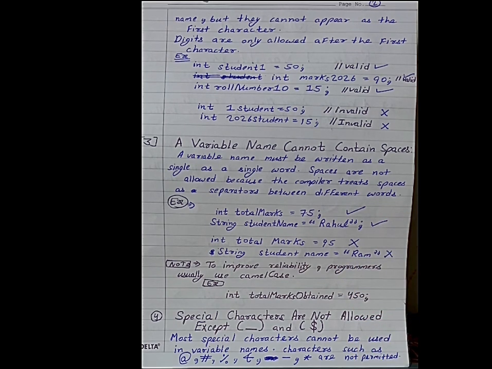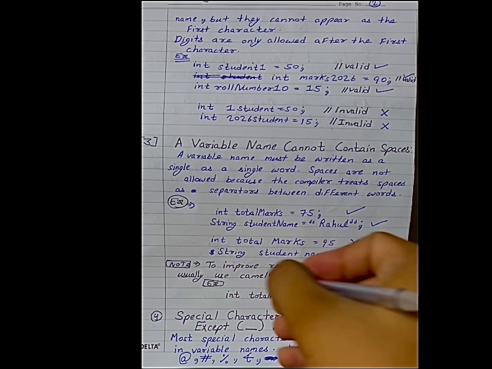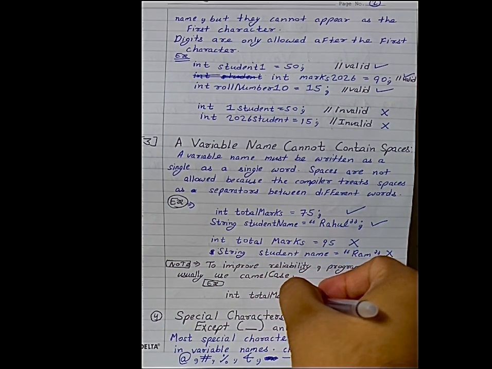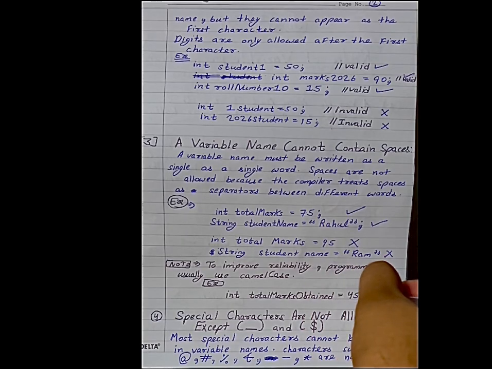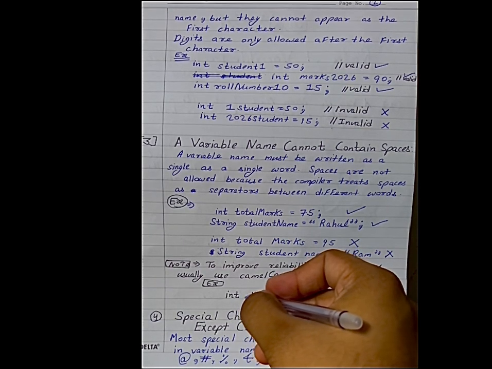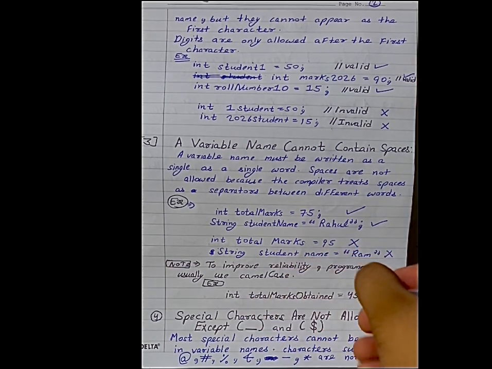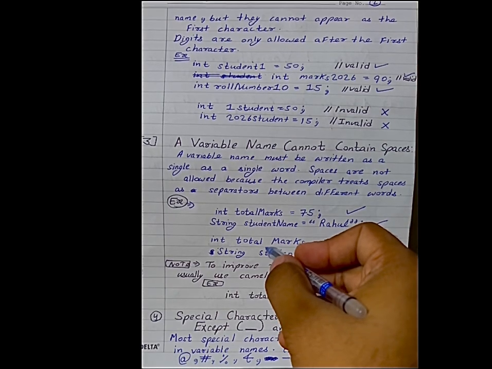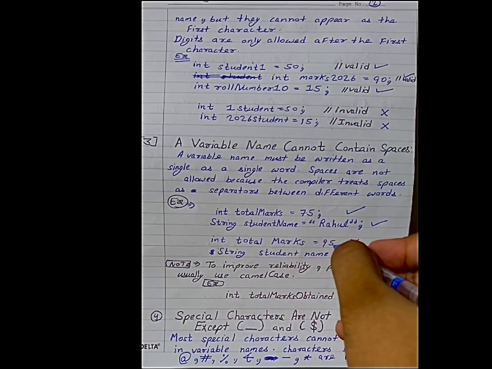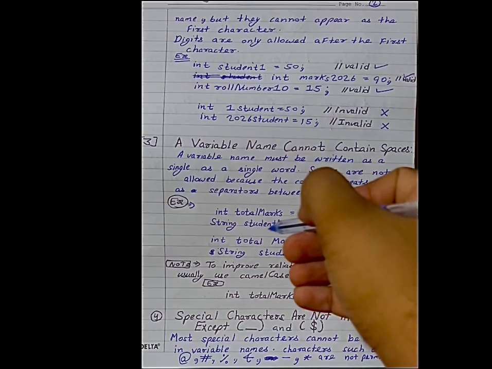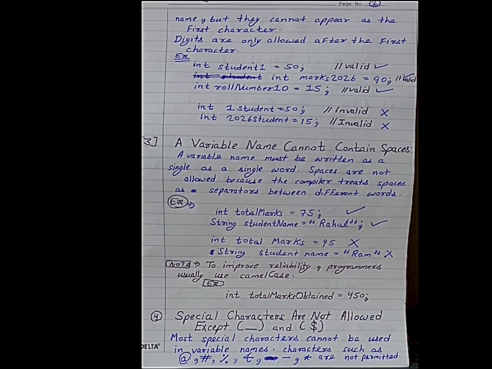So we can say that to improve reliability, programmers use camel case, like this. You should write your code in this manner and not make this kind of mistake while declaring variables.